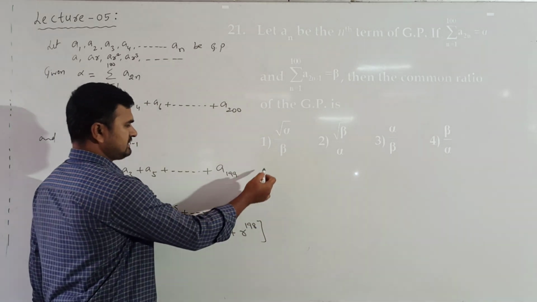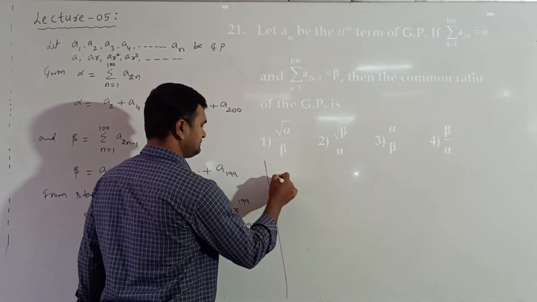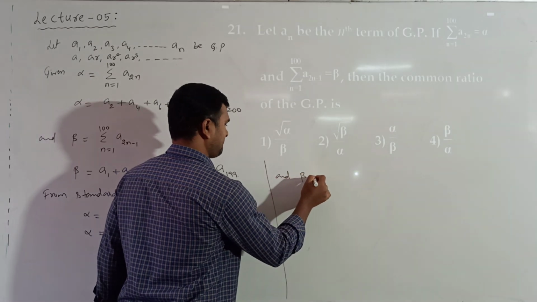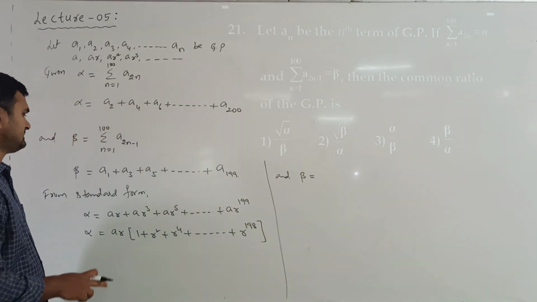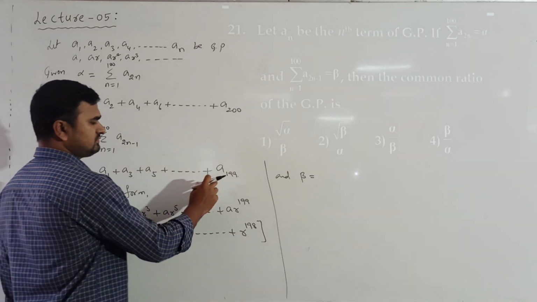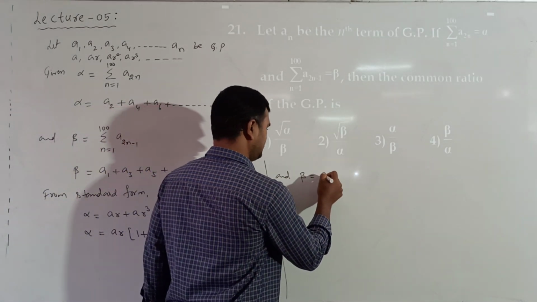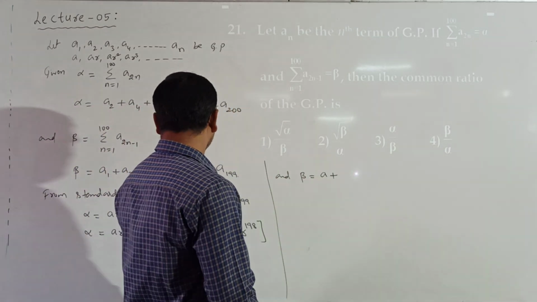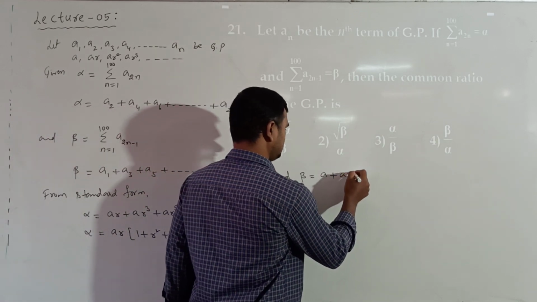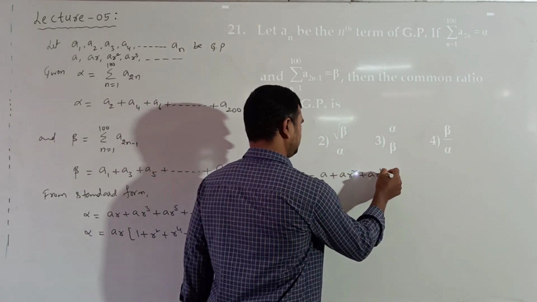Now similarly, let us find the beta value. Beta value is a1 plus a3 up to a199. A1 means the first term a. Next a3 means ar square.